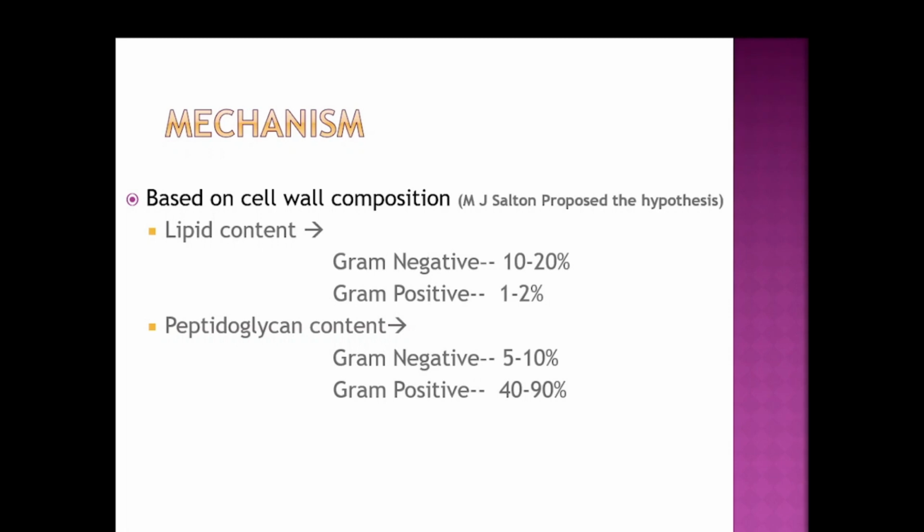Along with that, due to the higher peptidoglycan content in the gram positive cell wall, more shrinkage of the peptidoglycan pores occurs. Ultimately, the porosity of the gram positive cell wall decreases on application of the decolorizing agent, and the crystal violet iodine complex is retained inside the cell. The gram positive cells, even after decolorization, appear violet in color.